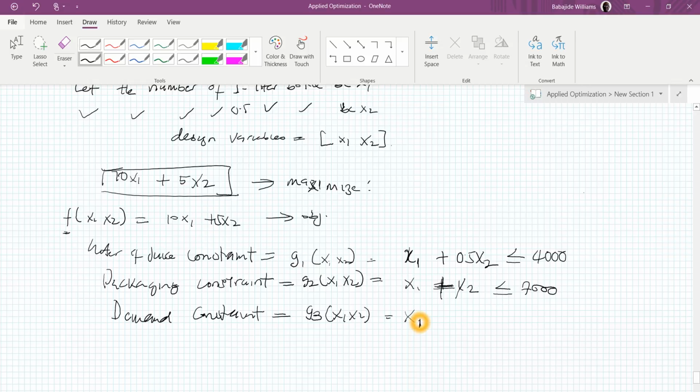So x1 is less than or equal to 4,000. That's what the demand says. And straight away I can also say here that G4 x1 x2 is for this 0.5 liter bottle, that should not exceed 6,500. Okay.